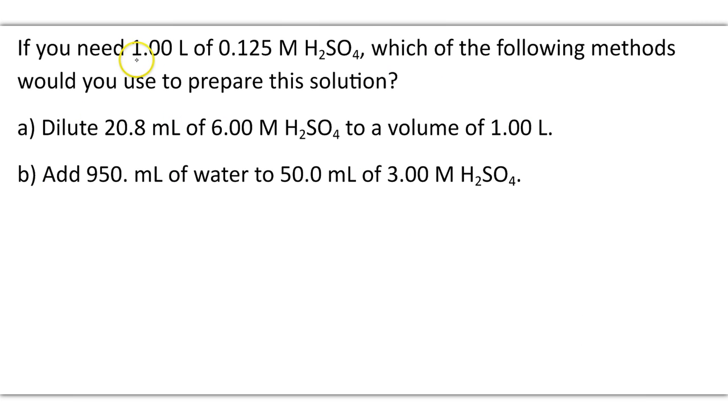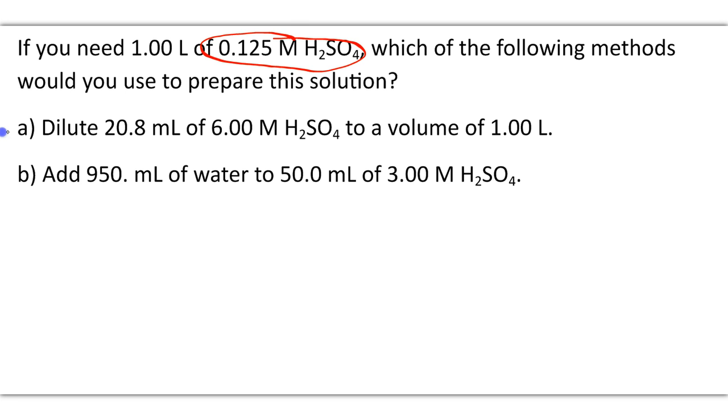If you need 1 liter of a 0.125 molar sulfuric acid solution, which of the following methods would prepare that solution? So we need to determine if we perform dilution A and dilution B, which one will actually bring us to have 0.125 molar sulfuric acid.